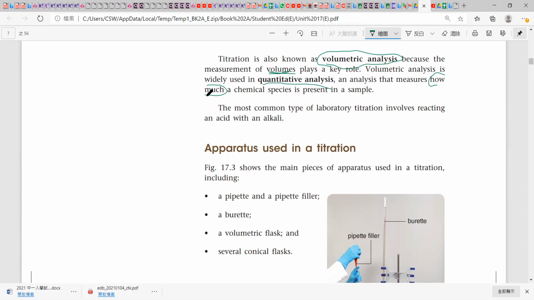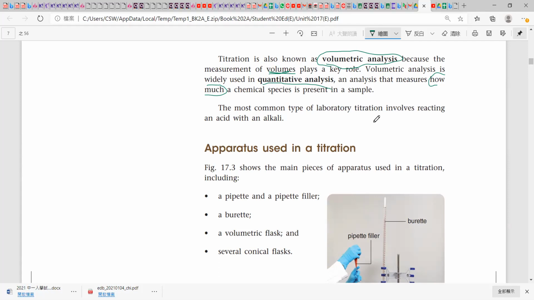Whenever you talk about analytical chemistry, 我哋講緊分析化學, we mention both items. First, what this is: qualitative analysis. Second, how much is this: quantitative analysis. 喺化學分析化學入邊一定要知道兩樣嘢，第一佢係乜，第二佢有幾多。In this chapter we talk about 佢有幾多. Can you get my point? This gives you the very basic idea of titration.